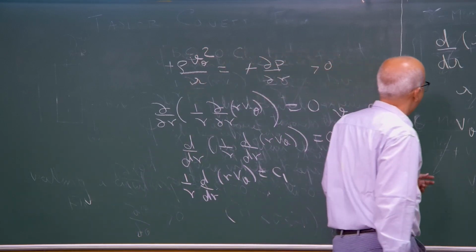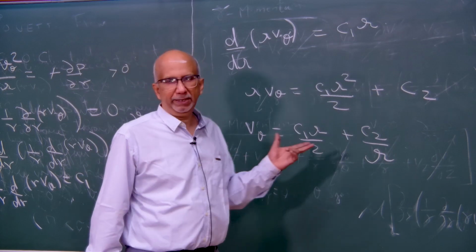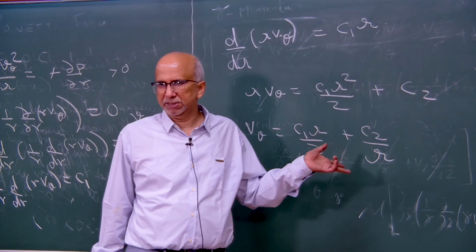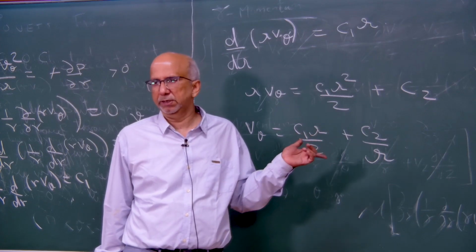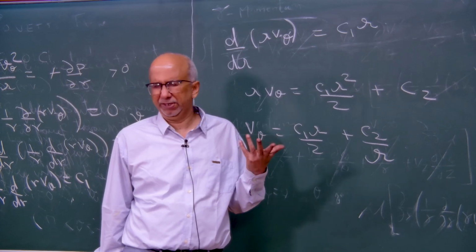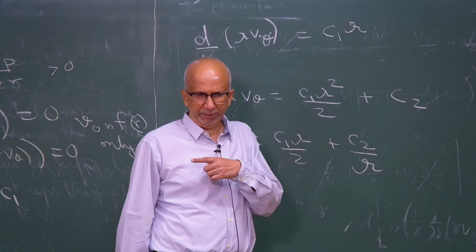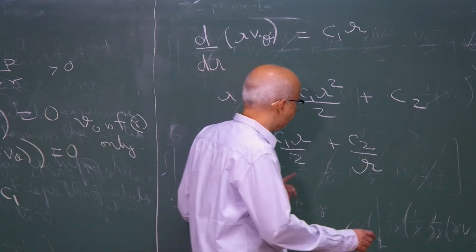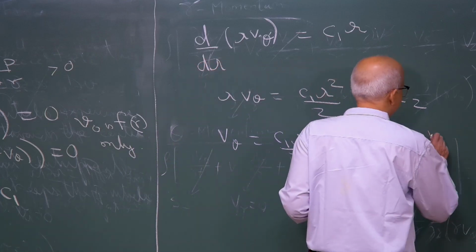Now, the idea is you will find these constants, and these are constants, they are not functions of r and z, because they are not functions of theta and z, because you have an ODE. And what are the boundary conditions you are going to use?